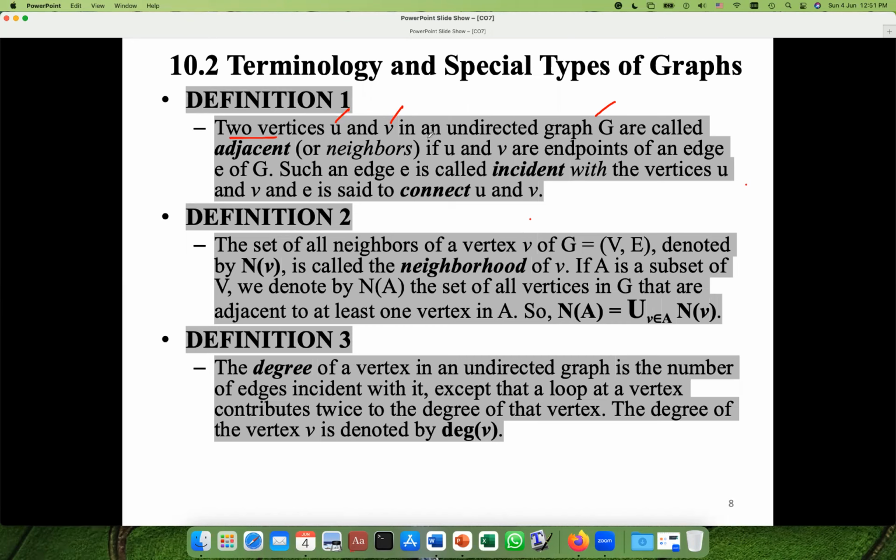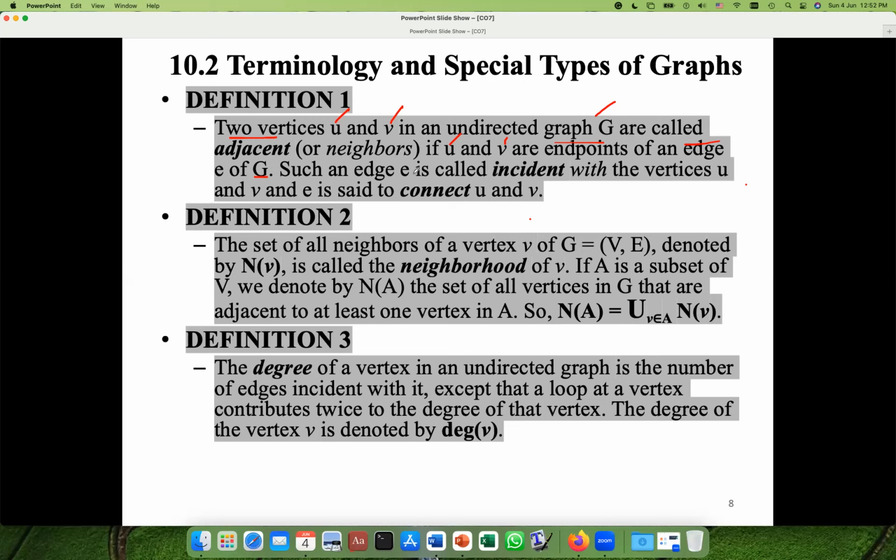So U and V would be the endpoints of some edge in graph G. You can also say that adjacency, or adjacent, means that U and V would be the endpoints of some edge.